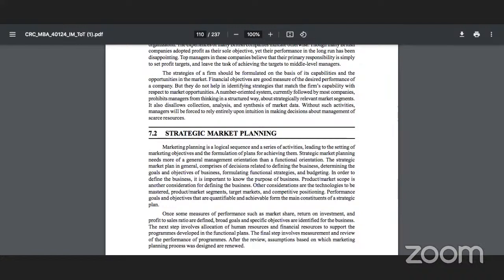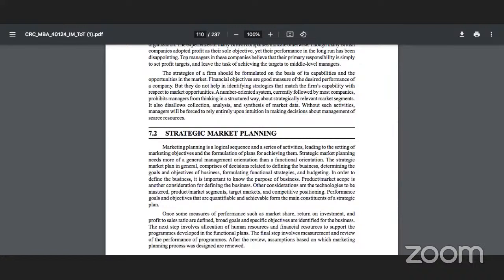So neither can we cut down on the series, nor can we do an arbitrary jumping around in terms of what activity I would like to do first. There is a protocol that needs to be followed. So here what we need to understand is that a general management orientation for strategic market planning is not sufficient.